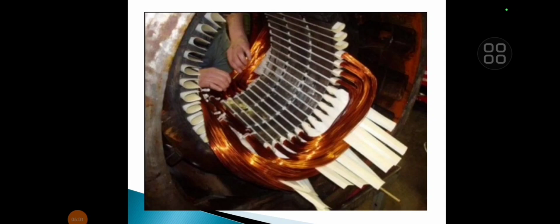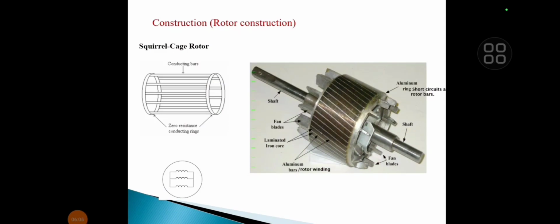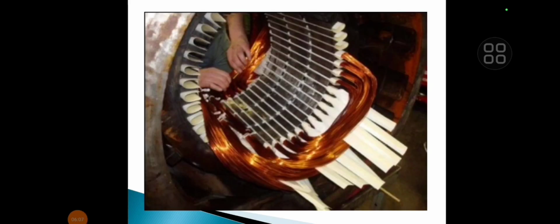Before inserting the stator winding in those stator slots, plastic films are used. The purpose of this plastic film is safety. Because of that plastic film, the windings or the conductors are not damaged. So that's why these plastic films are used.